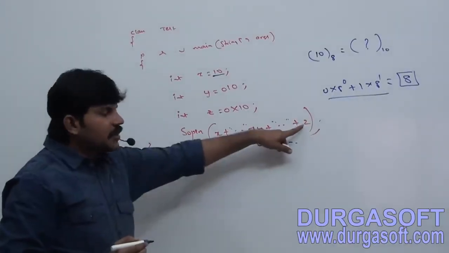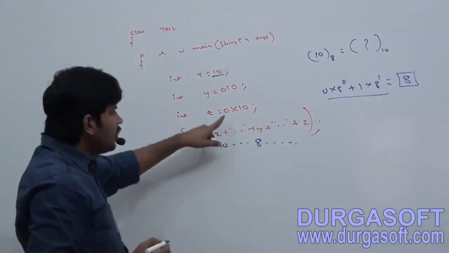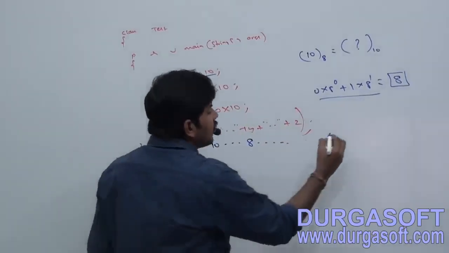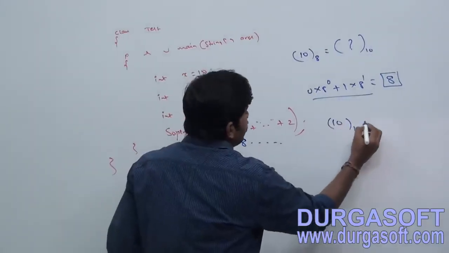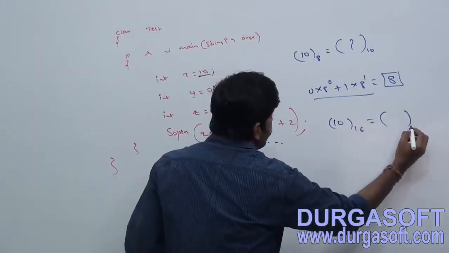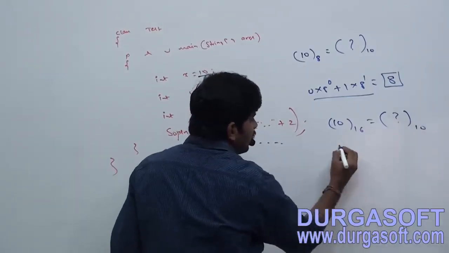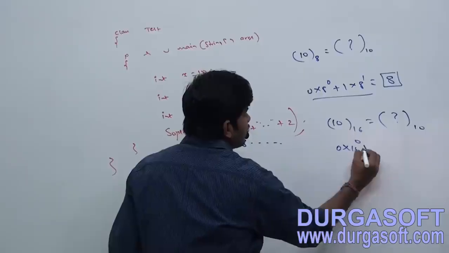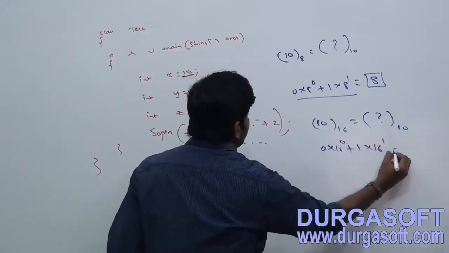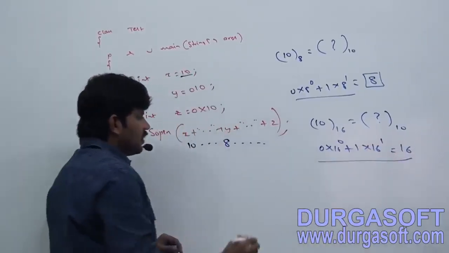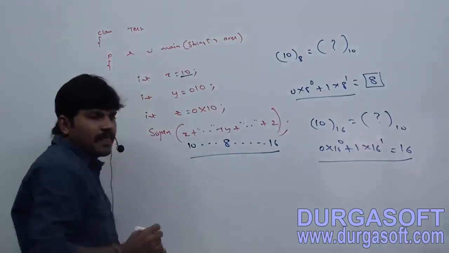Next, z. Can you please print z? So 0x10 is hexadecimal. Can you convert it into decimal value? 0 into 16 power 0 plus 1 into 16 power 1. Its value is 16. Are you getting?